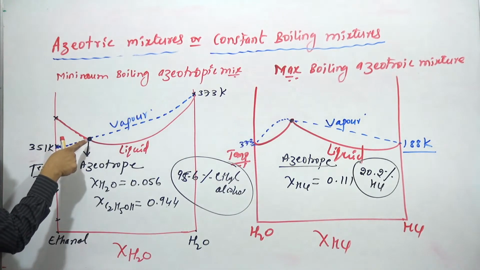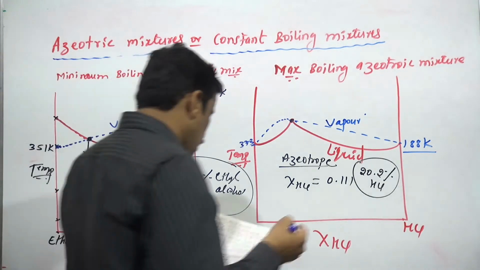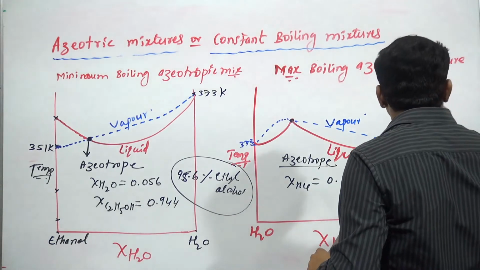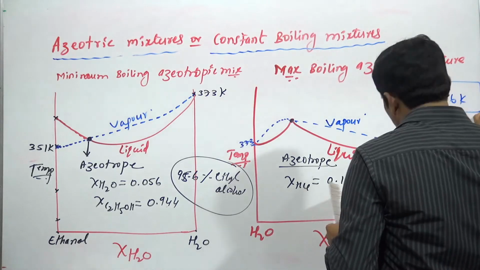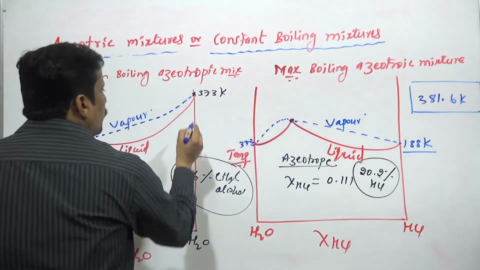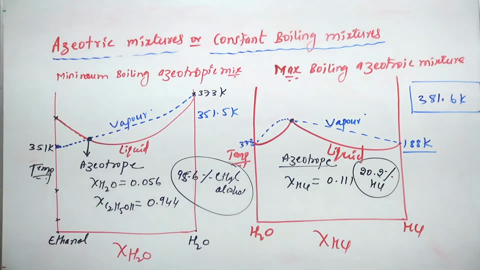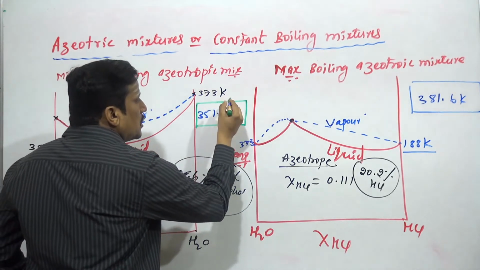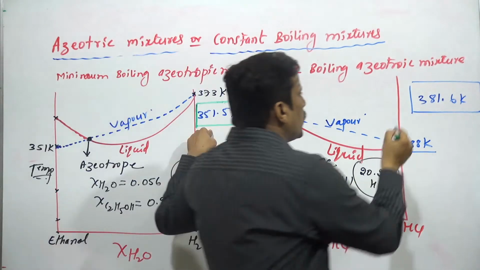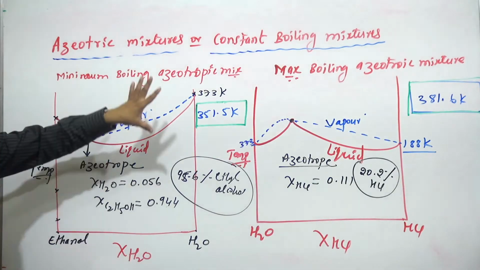The mole fraction is the same here, right? So both the liquids HCl and H2O here boil at 381.6 Kelvin, and this mixture boils at 351.5 Kelvin.